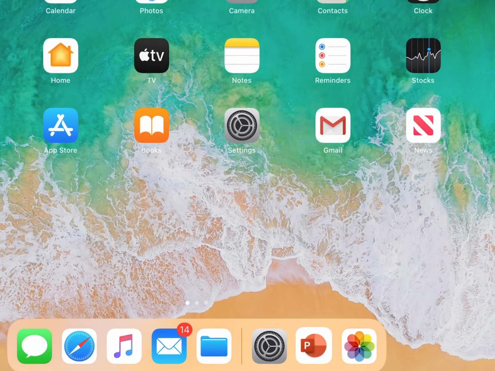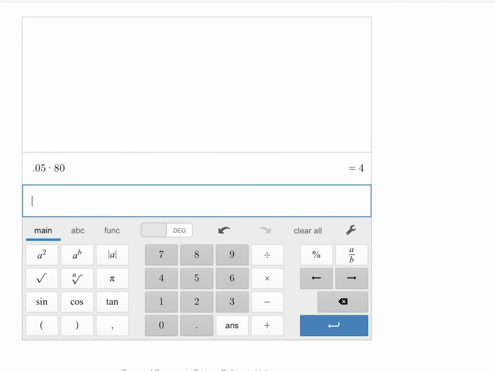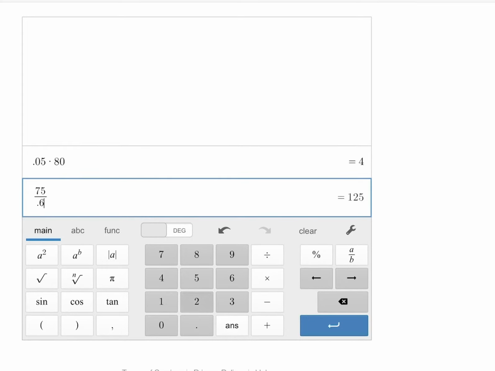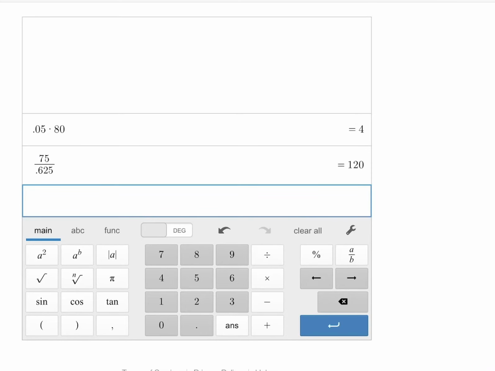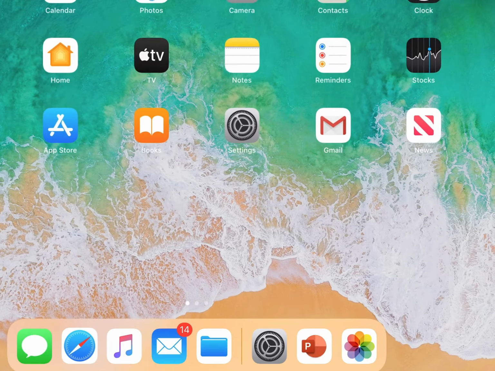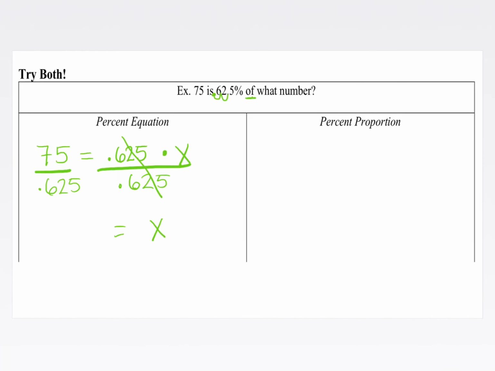I'm going to head over to Desmos just to simplify this. So we have 75 divided by 0.625, which gives us 120. So that is our value of x.